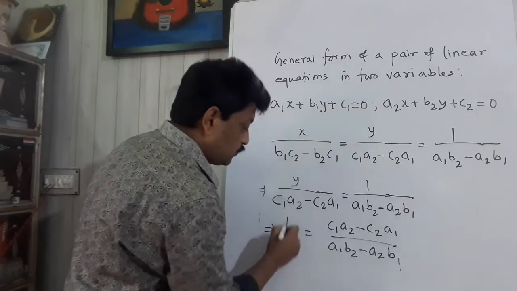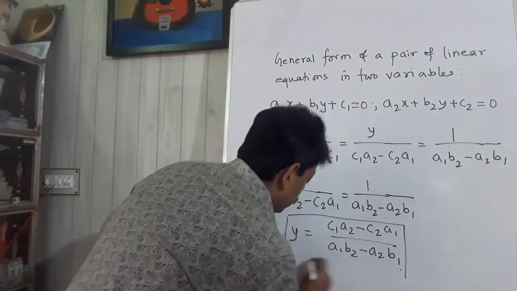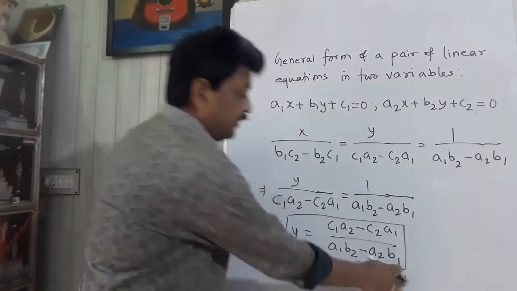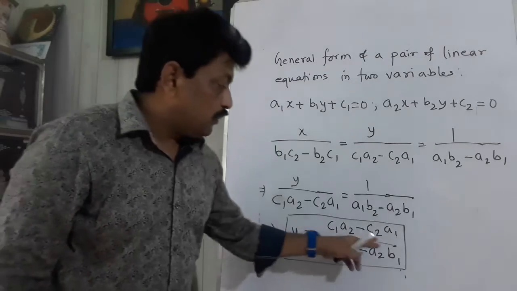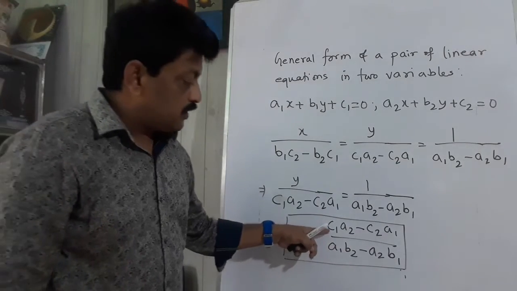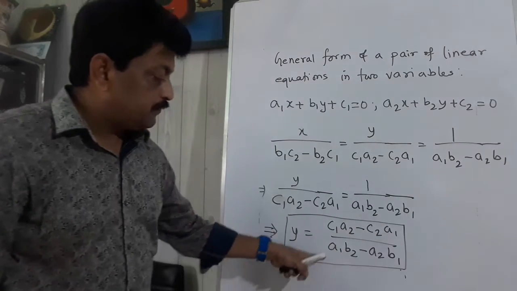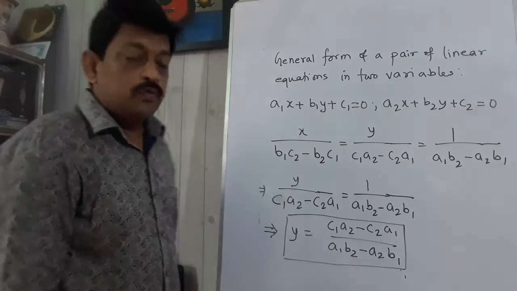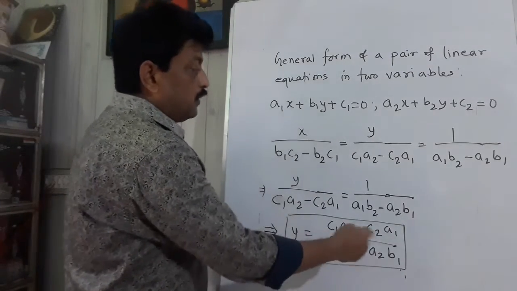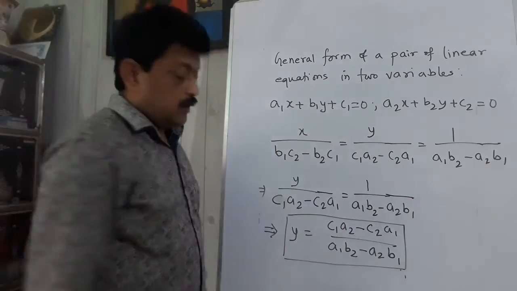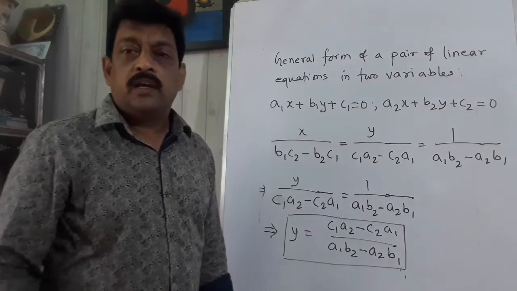So here also we can calculate the value of y directly by putting in the values of all these terms, that is c1a2, c2a1, a1b2 and a2b1. We'll get the values of all these from the given equations.